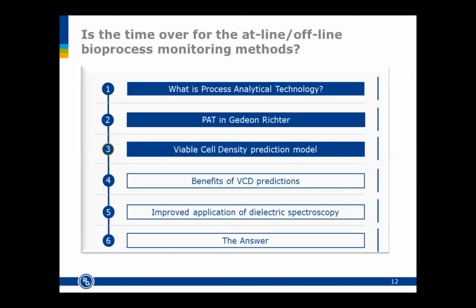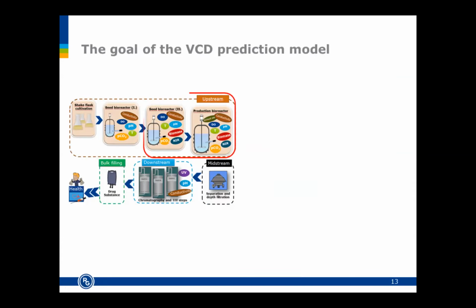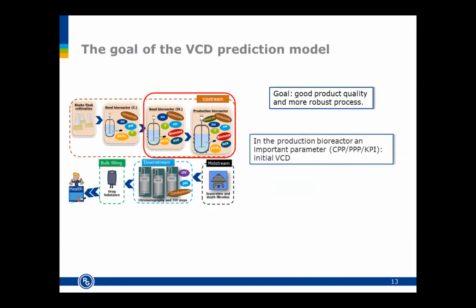We have applied a viable cell density prediction model for it. Our goal is to achieve good product quality and a more robust process. In most cases, the initial viable cell density is a very important parameter at the beginning of the cultivation phase.